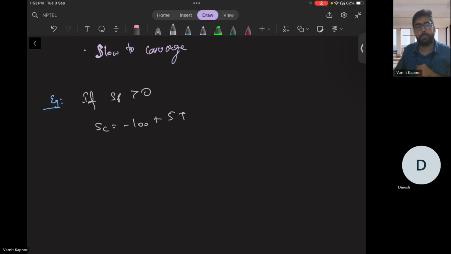SP is greater than 0. So now let us plot all the values on the graph.